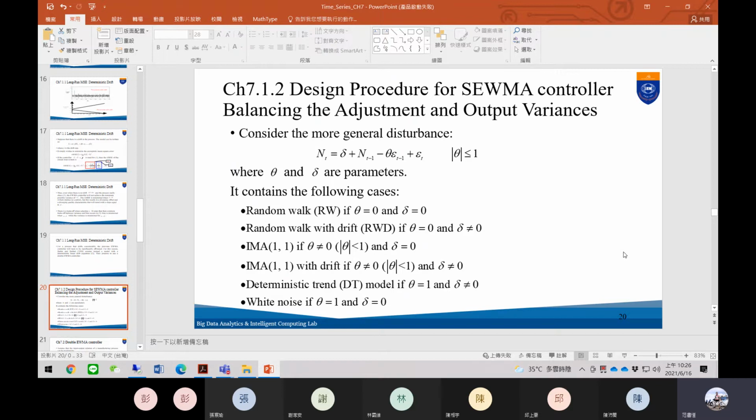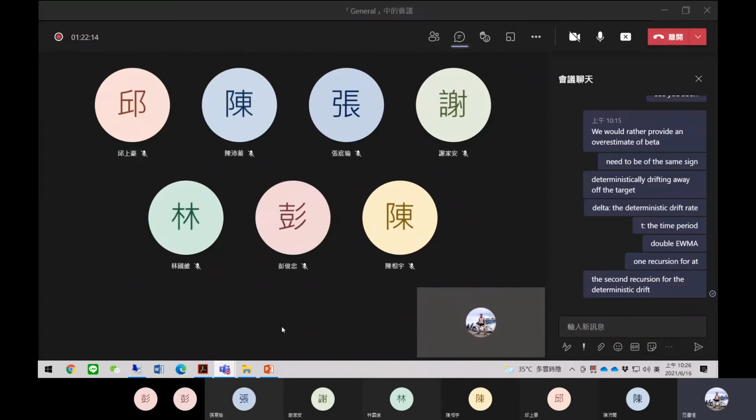Then consider the more general disturbance, N_t equals delta plus N_{t-1}. So this is like a random walk, right? The delta is considered the deterministic drift.